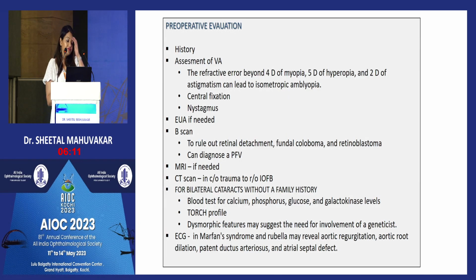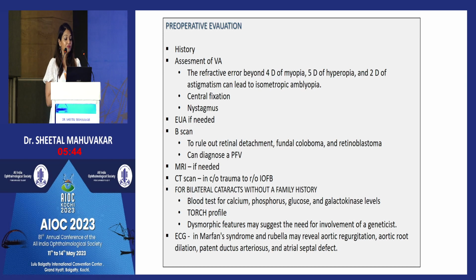So a thorough pre-operative evaluation needs to be done. First of all, take a proper history, because you cannot evaluate every child for everything, and accordingly we can do things. The main 2-3 things which are similar for all pediatric cataract surgery evaluations is the assessment of visual acuity. A child who is very young and not having central fixation, or having nystagmus, has a very poor visual prognosis, so you have to counsel parents that way.